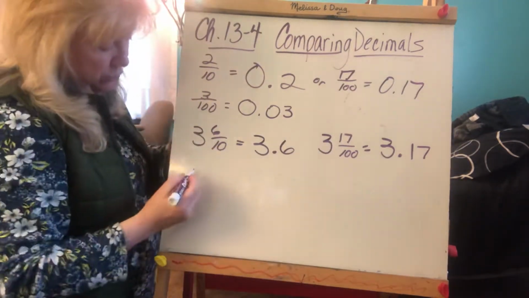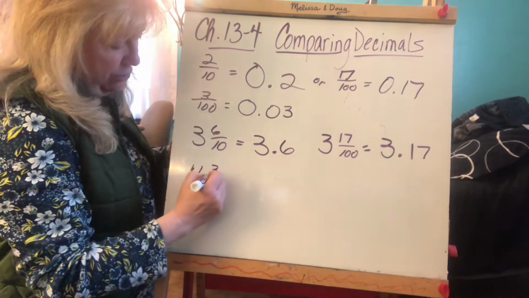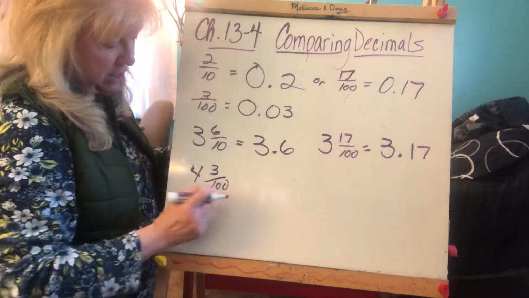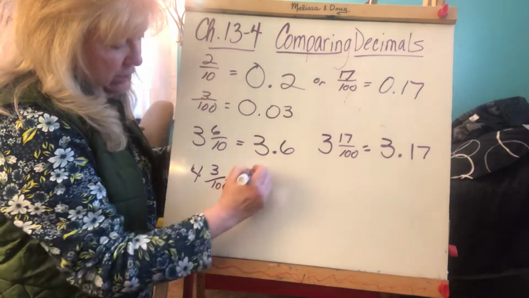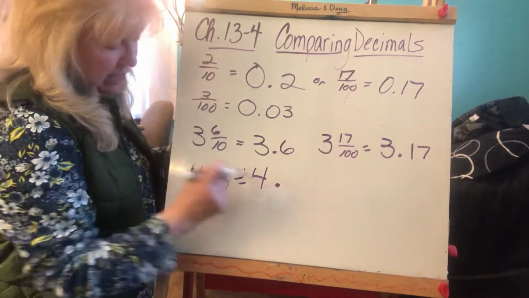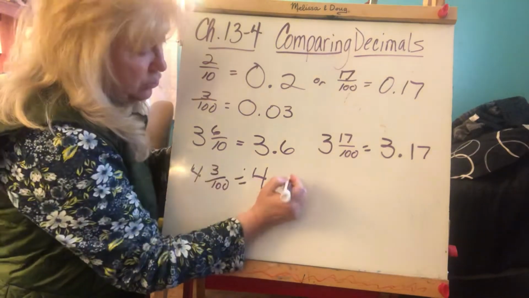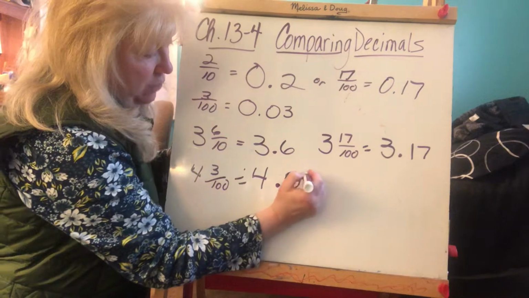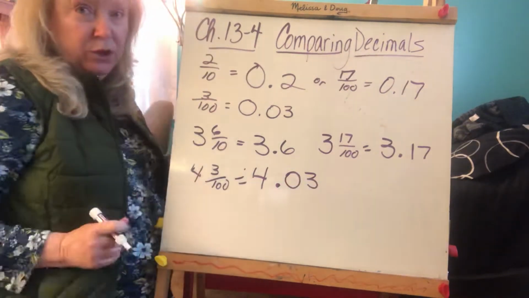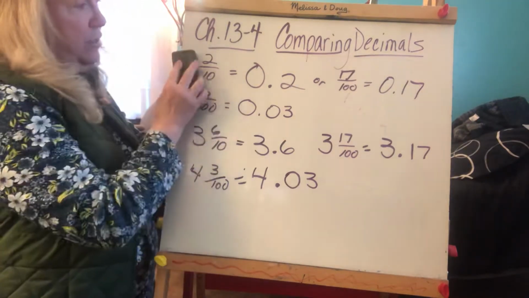Or we could do 4 and 3 hundredths. It would equal 4, and we can't just write a 3 because it has to have 2 spots, so we have to put in a placeholding 0 and then the 3. So we learned how to do all of that. That was the first lesson and the second lesson in our book.